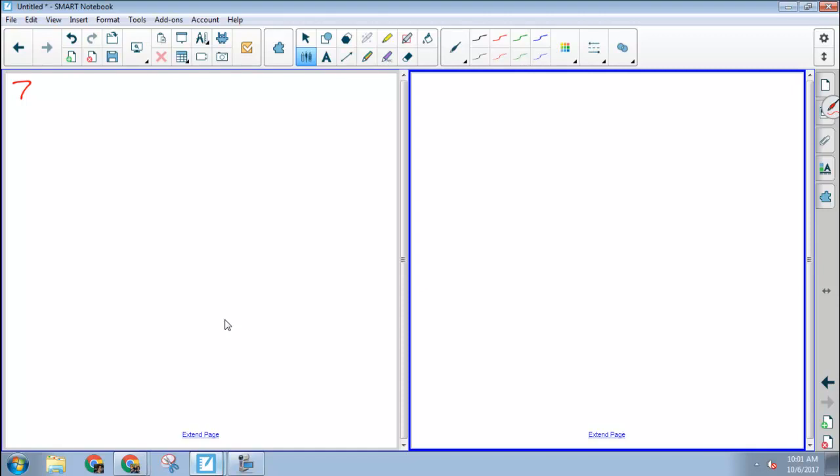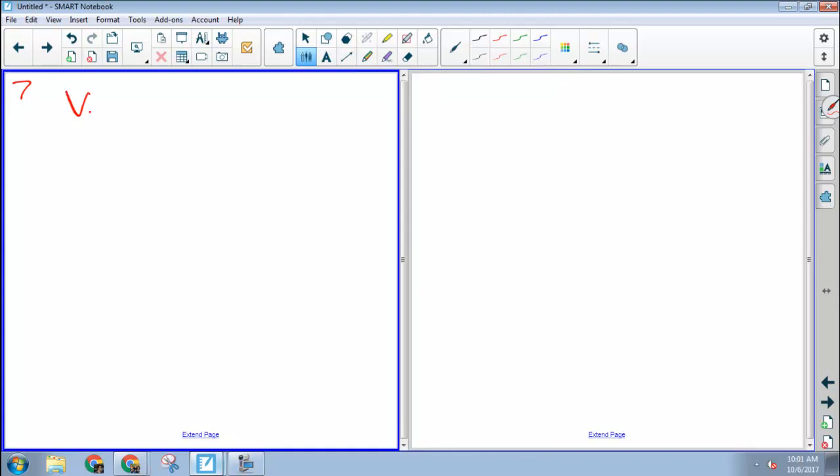We know that the velocity of the plane relative to the air is 500 kilometers an hour, right? But it doesn't tell us the direction, so I'm just going to write something, and we don't know what the direction is. It says the pilot sets out for a destination 800 kilometers due north.